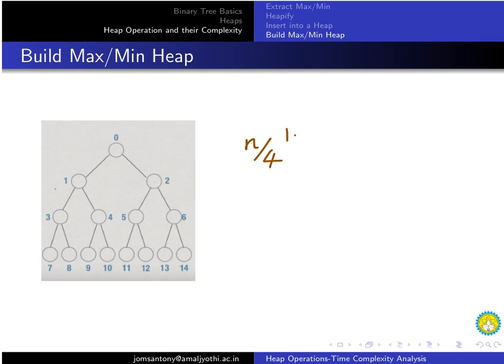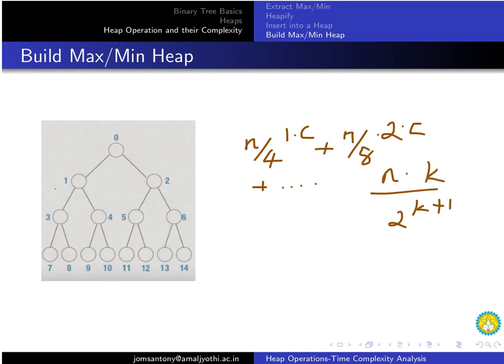Each will take a constant time c, and then you may have to go one level up, and there will be n by 8 nodes, and there you have to perform 2 operations, each of which is going to take c time, and then this series continues, and we can generalize this as, say, n into 2 raised to k plus 1 into k c.